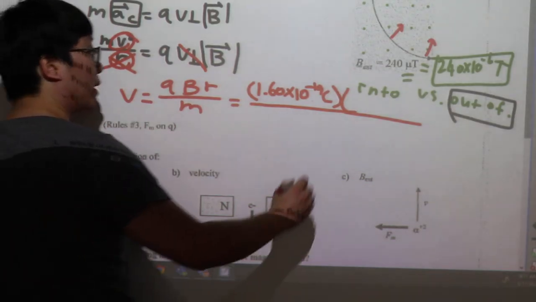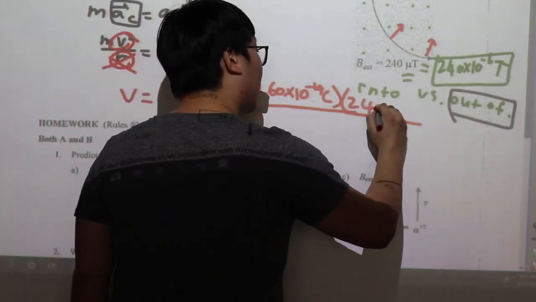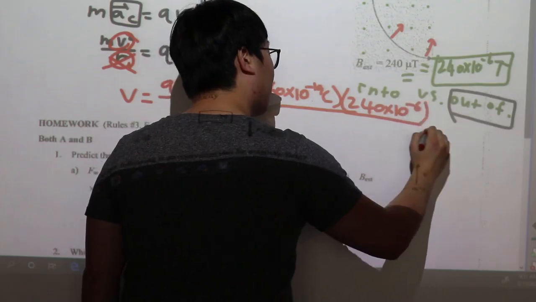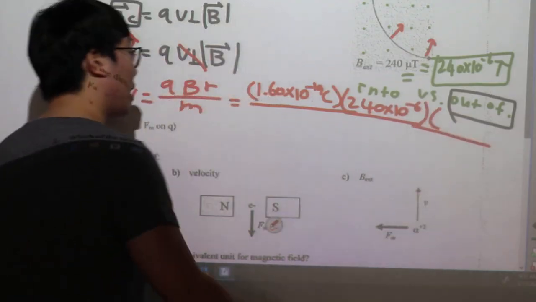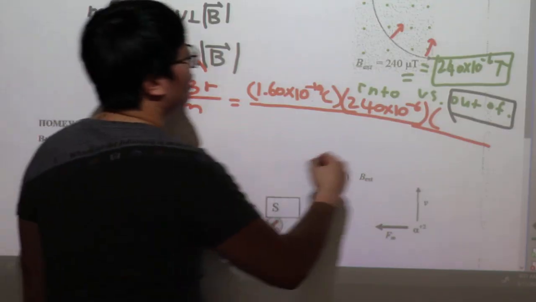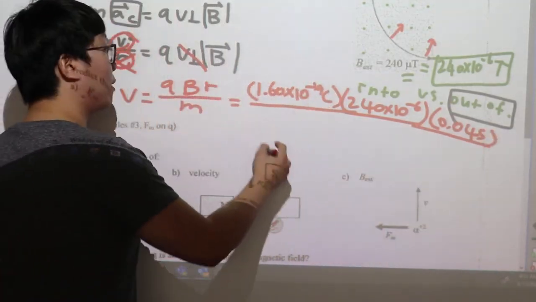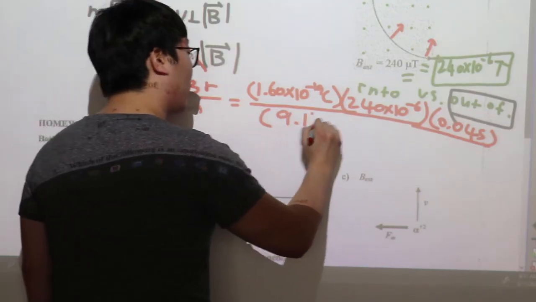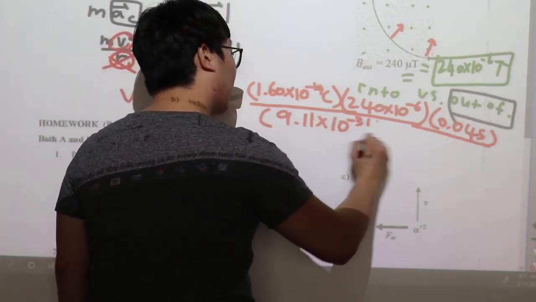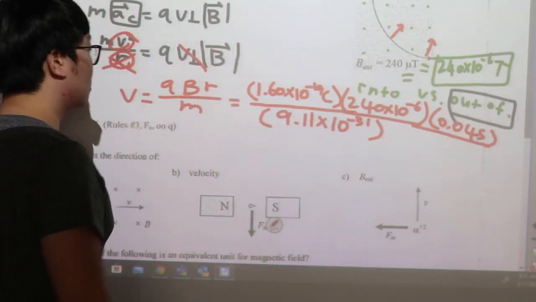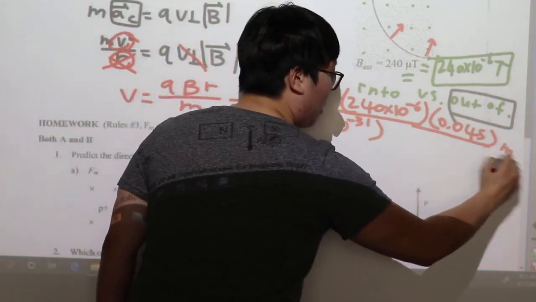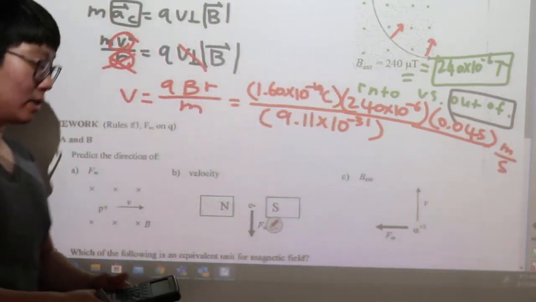1.60 times 10 to the power of negative 19, 240 times 10 to the power of negative 6, times by r, which is 0.045 meter, divided by the mass 9.11 times 10 to the power of negative 31 kilograms. So everything should make this into meters per second.